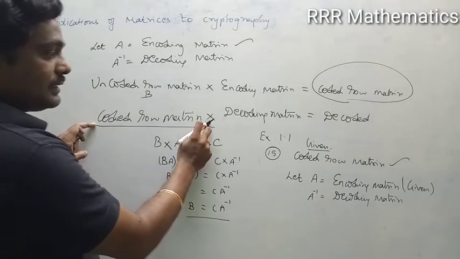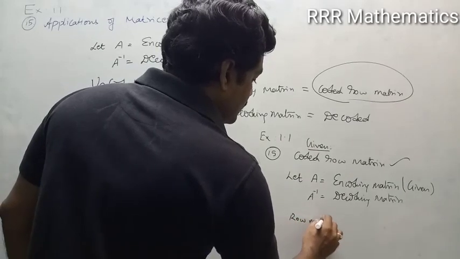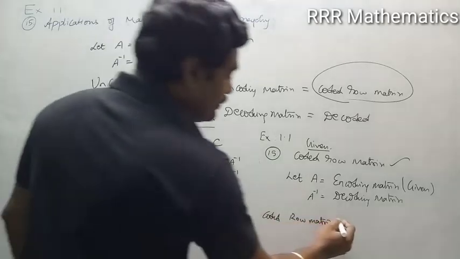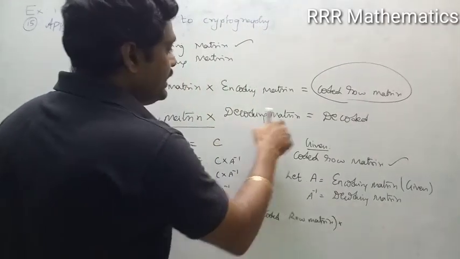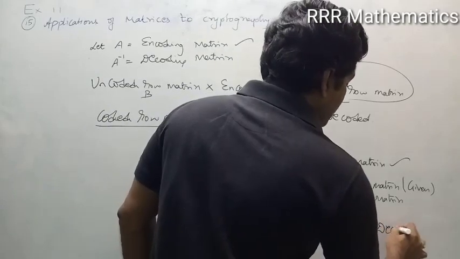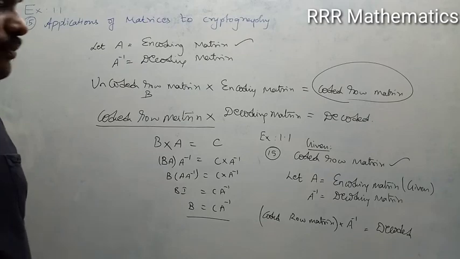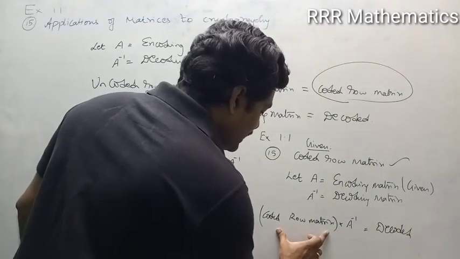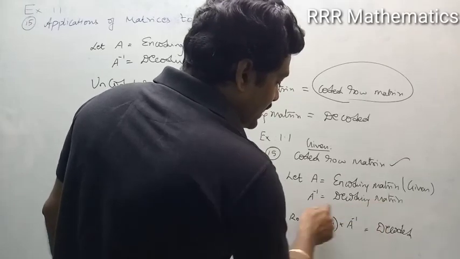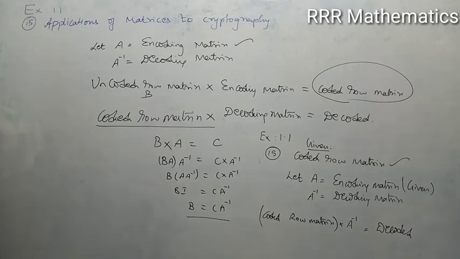The coded row matrix into the decoding matrix gives decoded. That's all. So in this problem, let us take the row matrix as the coded row matrix, multiply with the decoding matrix, that is A inverse, and it gives the decoded result. The result will be the output.